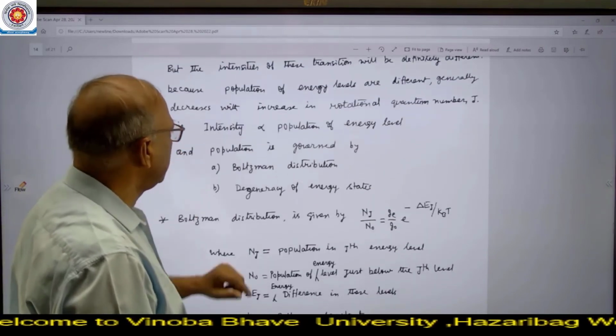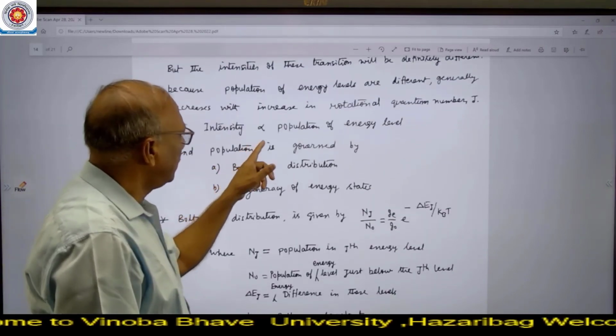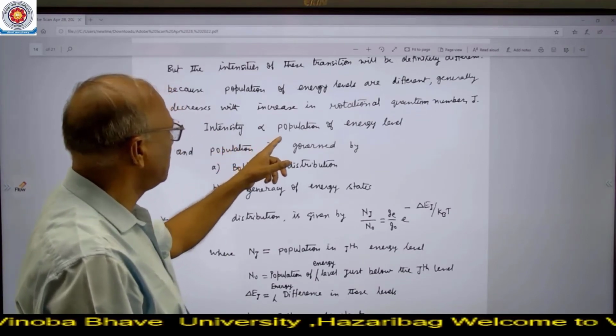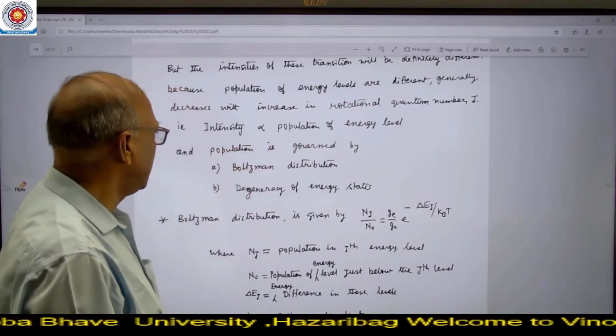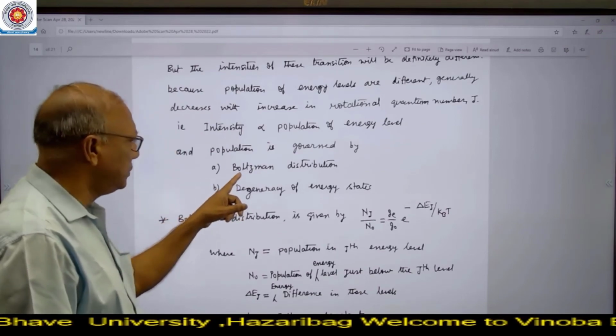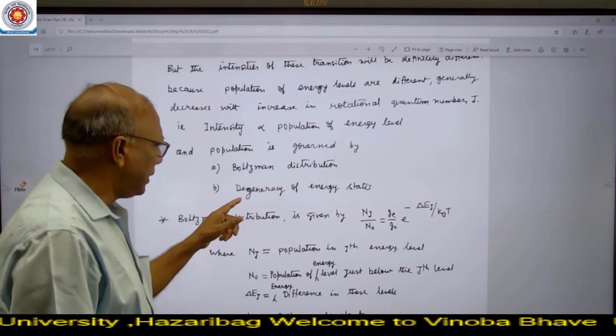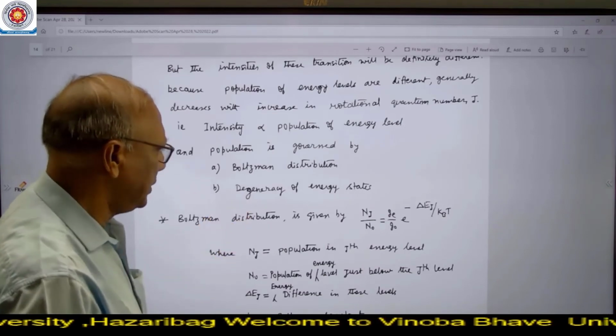This intensity, which is directly proportional to the population of the energy level, is governed by two factors: one is the Boltzmann distribution, and another is the degeneracy of the energy level.